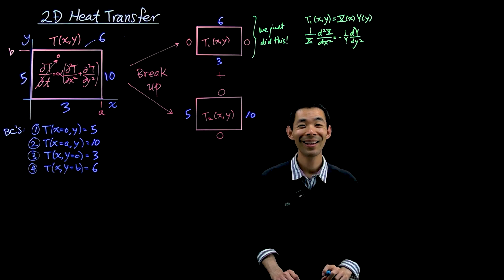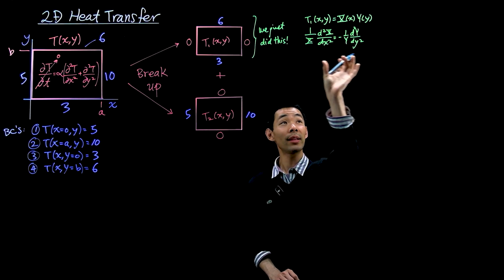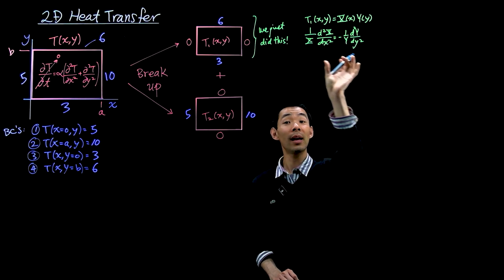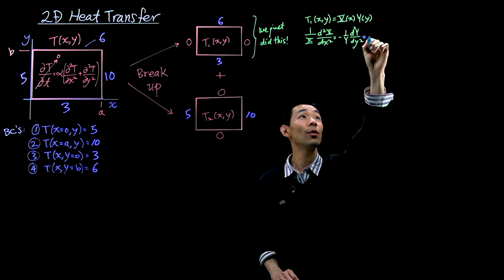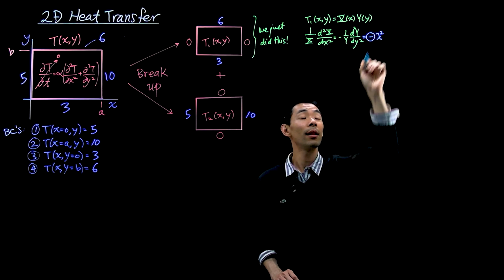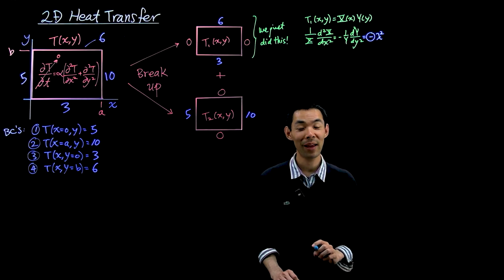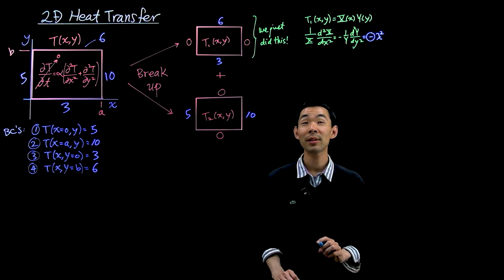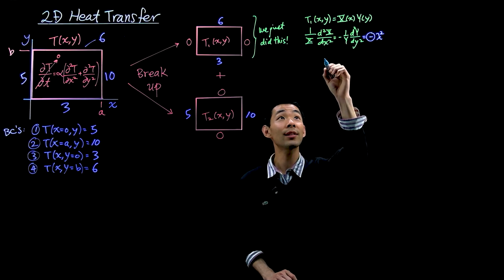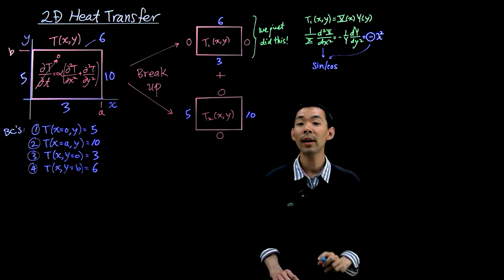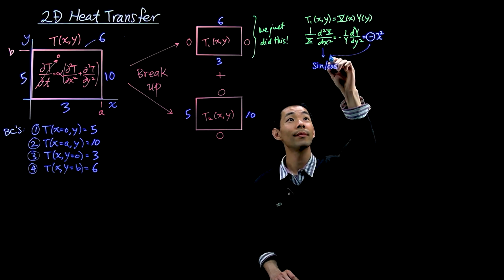Just like that. And we chose that the constant that each of these has to be equal to is equal to negative lambda squared. And it's good that we chose negative lambda squared, because what this means is that along the x direction, you get sines and cosines.